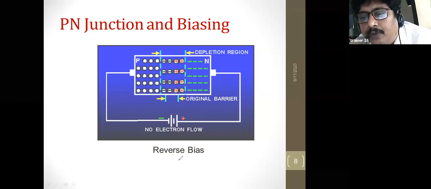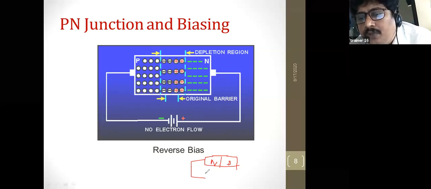For example, here I am drawing, this is NP. And then here you can go for the positive terminal, and this is the negative terminal.